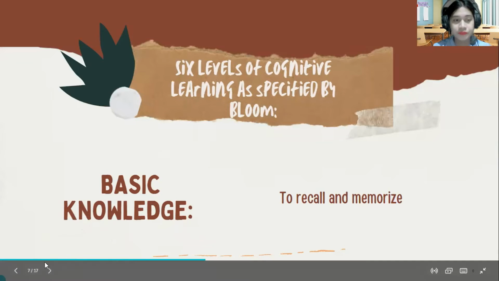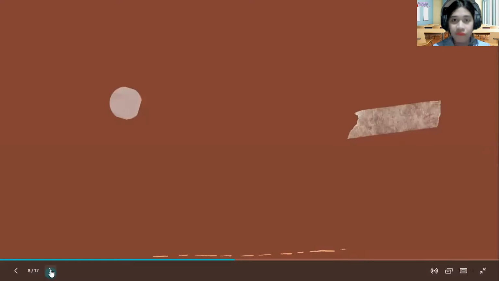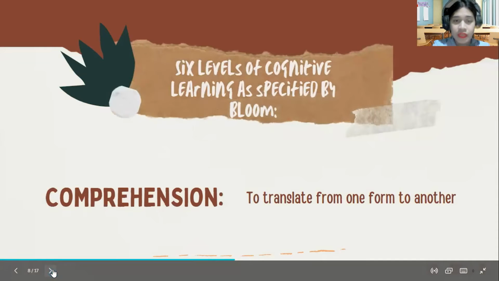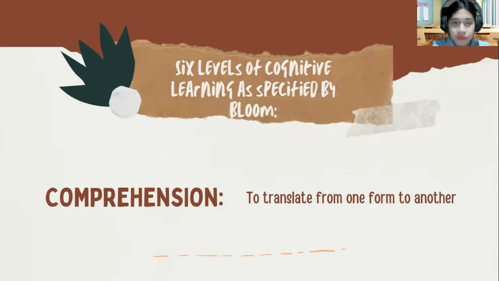The second level of cognitive learning is comprehension, which simply means to translate from one form to another.